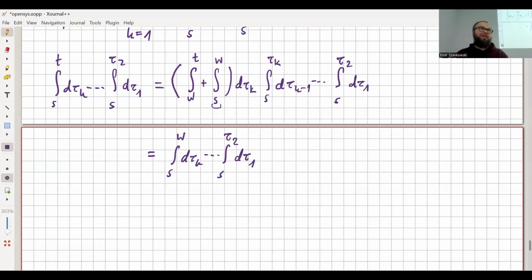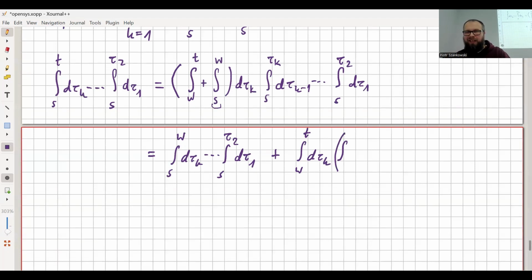Well, that looks nice because this is the part of the integrals that go from S to W. That's good. The other guy may be a little bit more complicated because it looks like an alien body here.